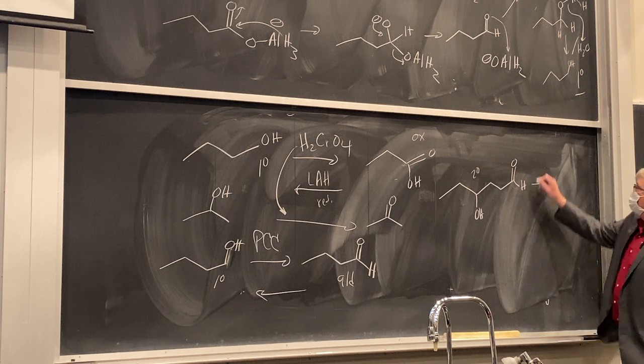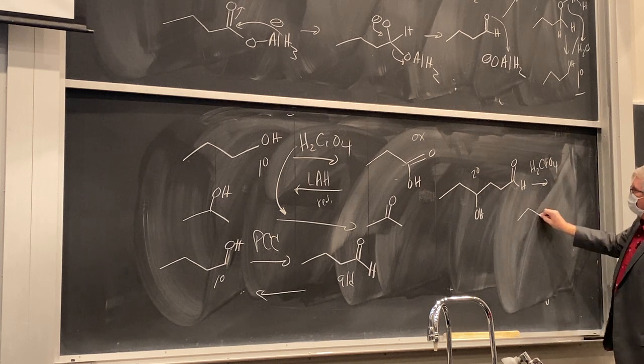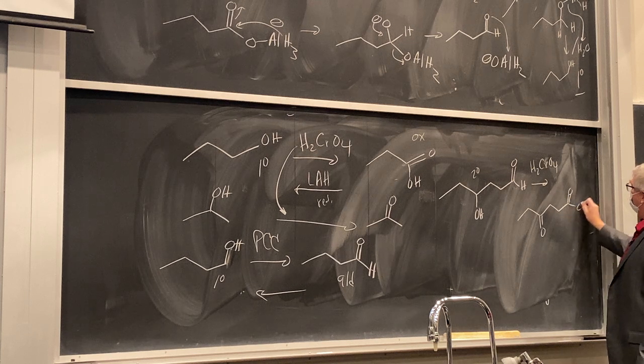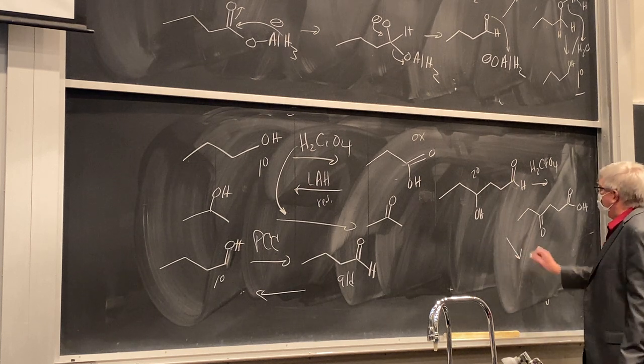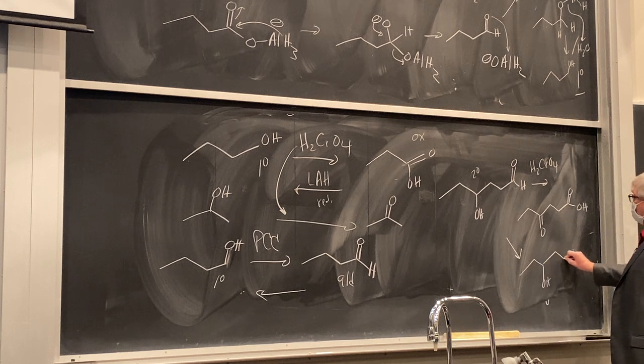And indeed, if you used chromic acid here, you would go very quickly to both of these being oxidized, okay? Those are two different functional groups though, right? The aldehyde becoming a carboxylic acid and the secondary alcohol becoming a ketone. But what if you wanted to stop at this, the alcohol acid?